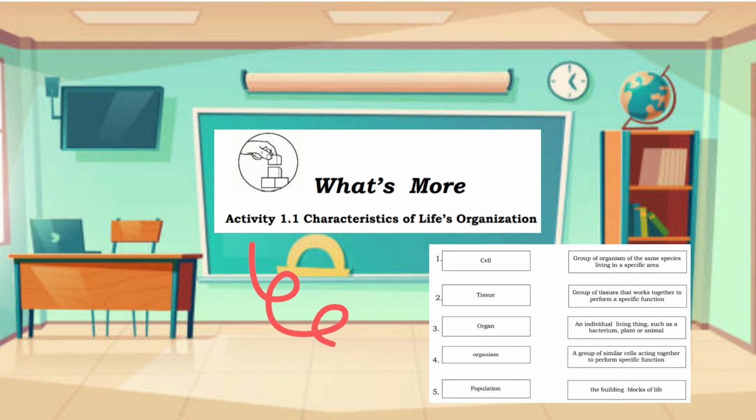After learning the nine levels of life's organization, you are now ready to answer the What's More Activity 1.1, Characteristics of Life's Organization. Now, let's match the level of organization with the correct description. So how did you find the activity?